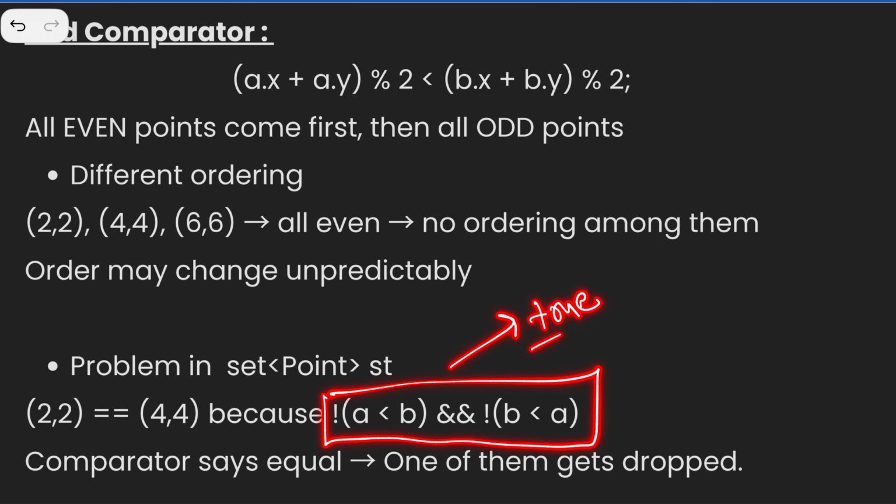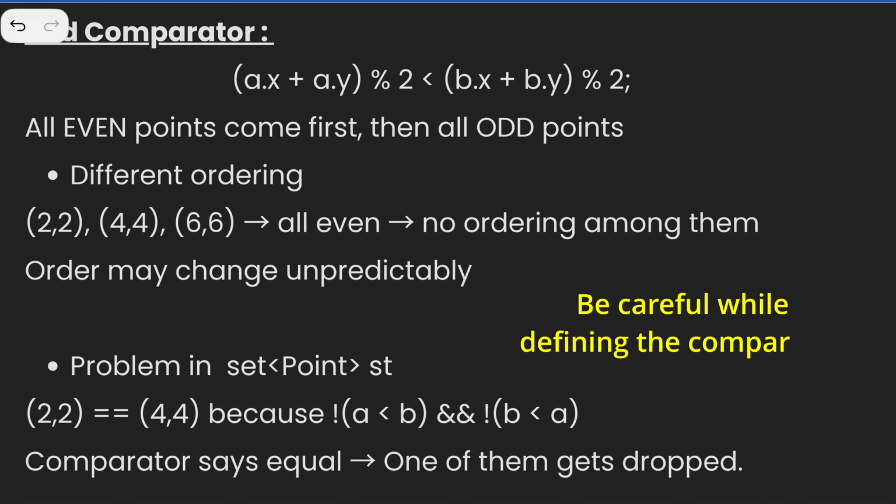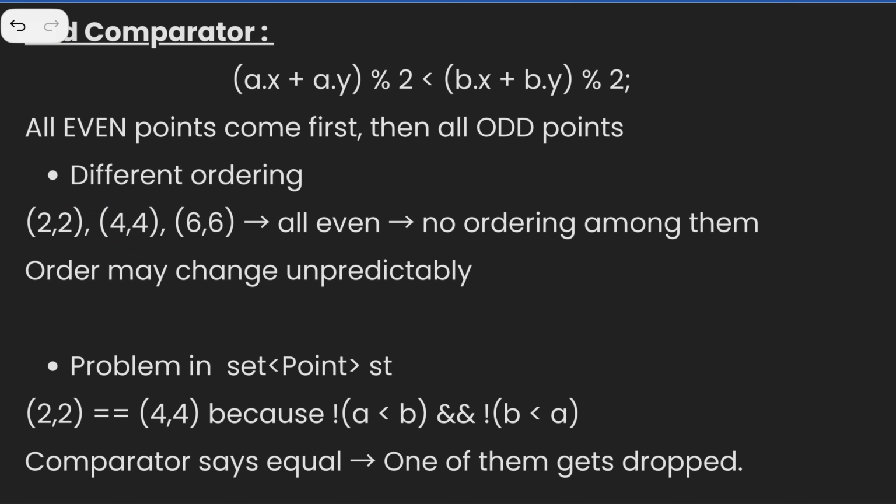Once this is true, set thinks that whatever value we are trying to insert now already exists in the set, and it will drop it. So one of them will be dropped. And look at the condition. If A is not less than B and B is not less than A, then definitely A is equal to B. That's why this set can only hold one of the three. All the others will be dropped. I hope this is clear.